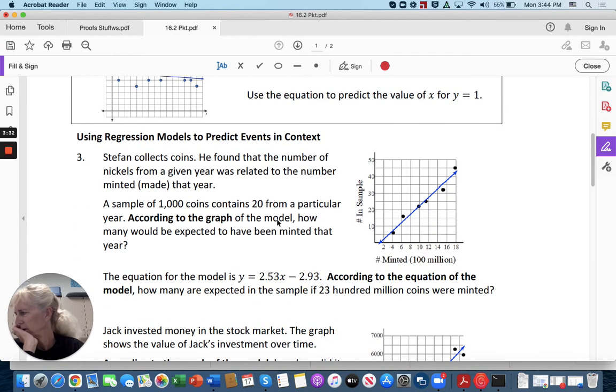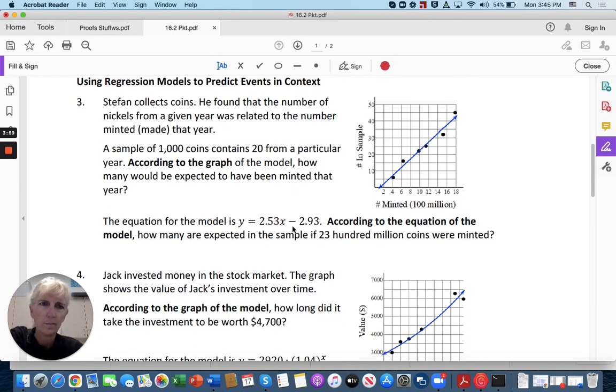I'm going to go ahead and do number 3 here. Stefan collects coins. He found that the number of nickels from a given year was related to the number minted, or made, that year. A sample of 1,000 coins contains 20 from a particular year. According to the graph of the model, how many would be expected to have been minted that year? Okay, so here's our number in the sample.